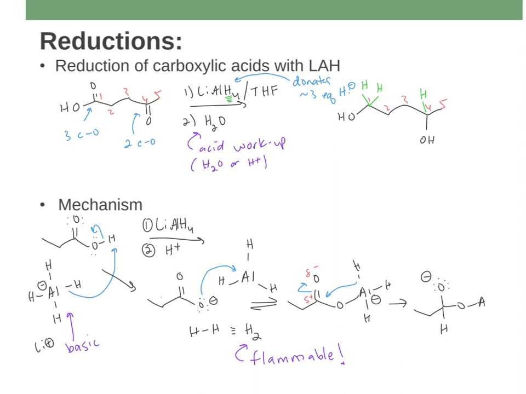We have this O aluminum thing, just 2 hydrogens now. These electrons can drop back down and kick out this to give us an aldehyde, and then an aluminum double bonded to an oxygen with a hydride and a hydride.